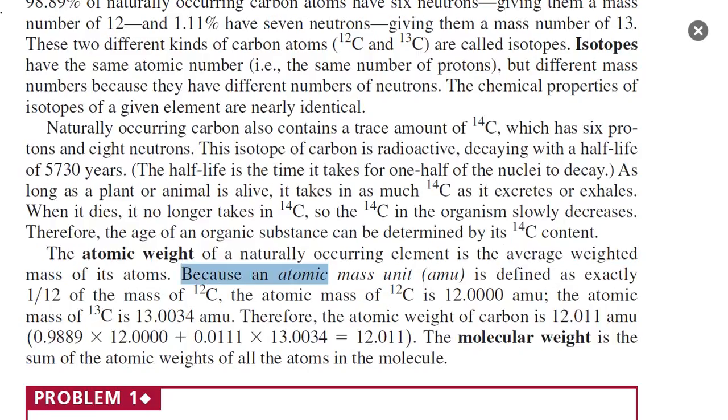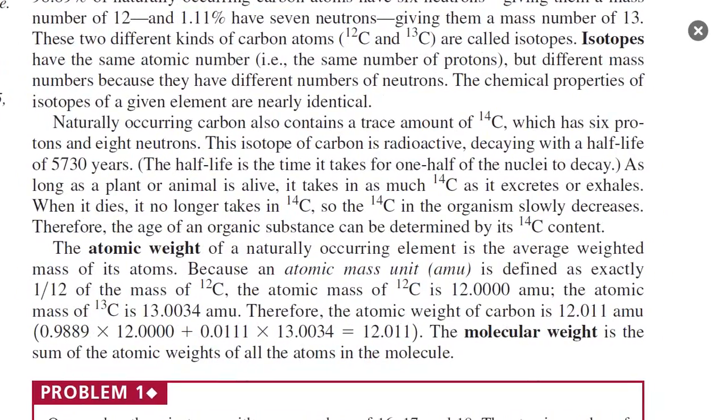Now this is the definition of the atomic mass unit. You can abbreviate it like that, AMU. It is defined as exactly, how do you define exactly? Exactly 1 over 12 of the mass of carbon 12.